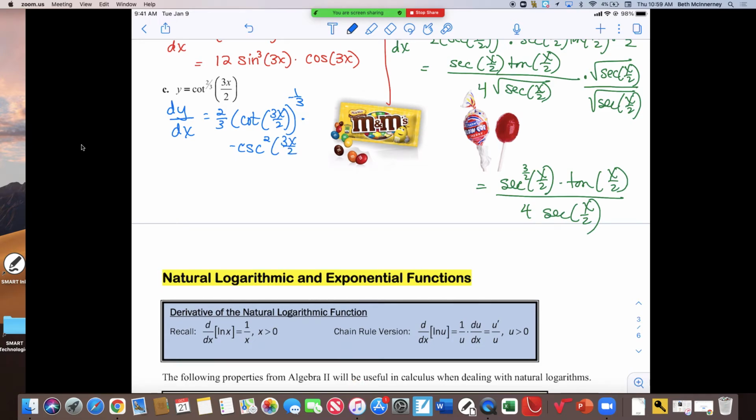Yeah, I think you're thinking of cosecant. Then the derivative of the inside is 3/2. Oh, isn't that nice? The 2/3 and 3/2 cancel. So I get negative cosecant squared 3x over 2 all over the cube root of cotangent 3x over 2. I doubt they would rationalize a cube root.